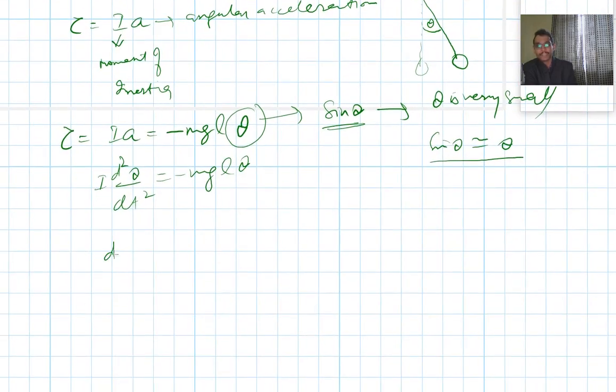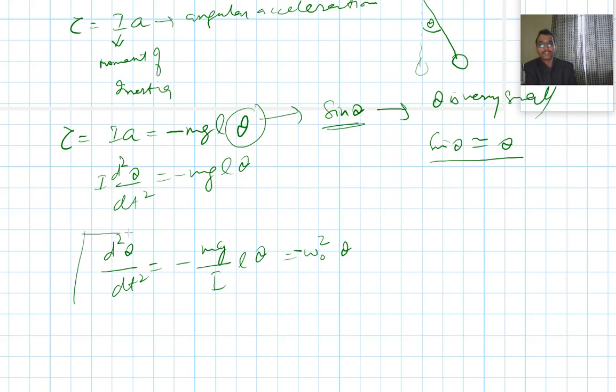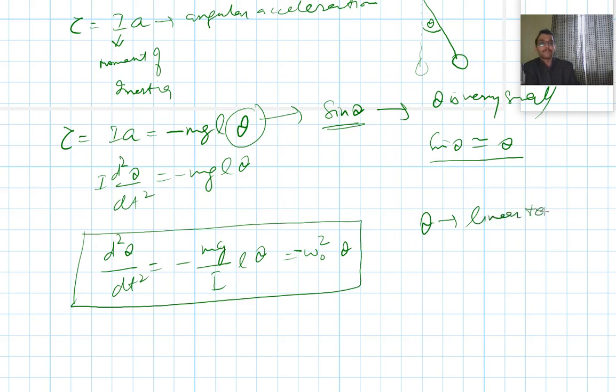Or I can write it as d square theta over dt square is equal to minus mg over I L theta, or sometimes it is written as minus omega naught square theta, right? So this is the differential equation of a simple pendulum. Here theta is a linear term, that's what we have to keep in mind.